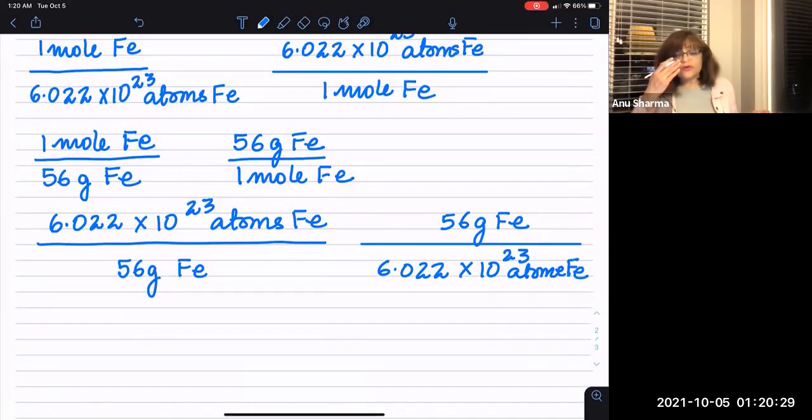All right, so these are the different conversion factors depending upon what we are looking for.